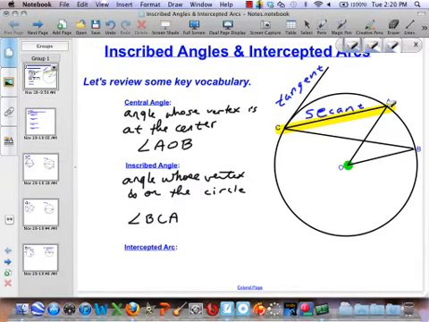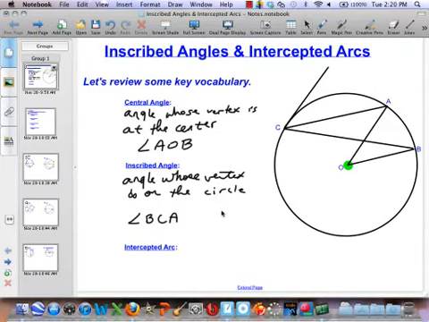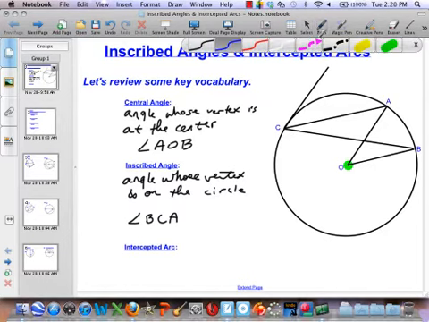Now, when we talk about an intercepted arc, what do we mean by intercepted arc? Let me ask you: angle ACB is intercepted by what arc? AB. So the intercepted arc is the arc between the two endpoints of the angle.